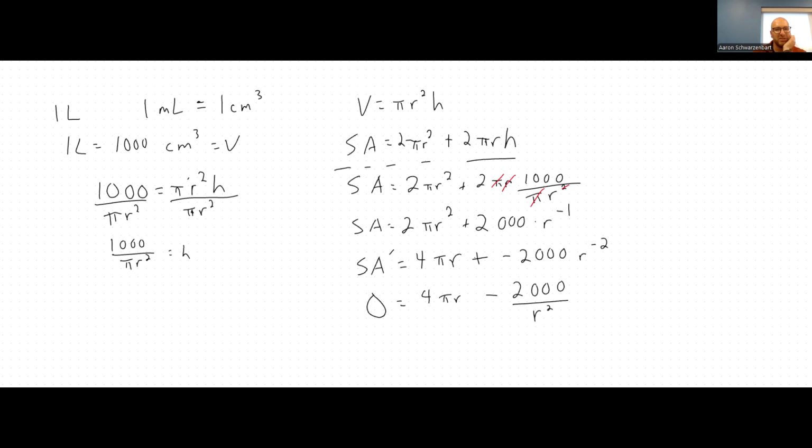How do I get rid of an r squared from the denominator? Multiply everything by r squared. So this one, it just cancels. That becomes 4 pi r cubed. And 0 is still 0.